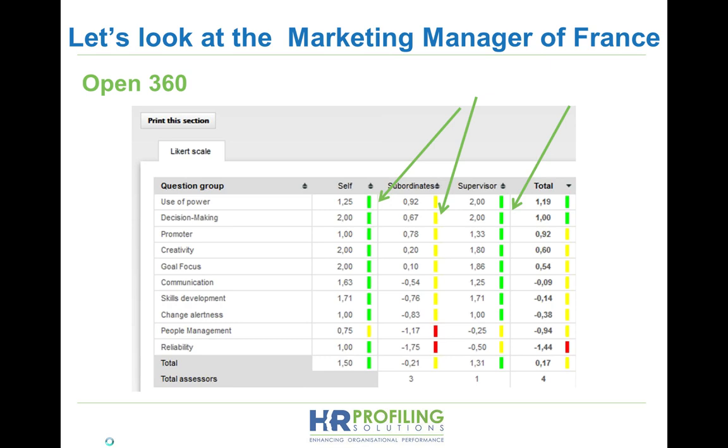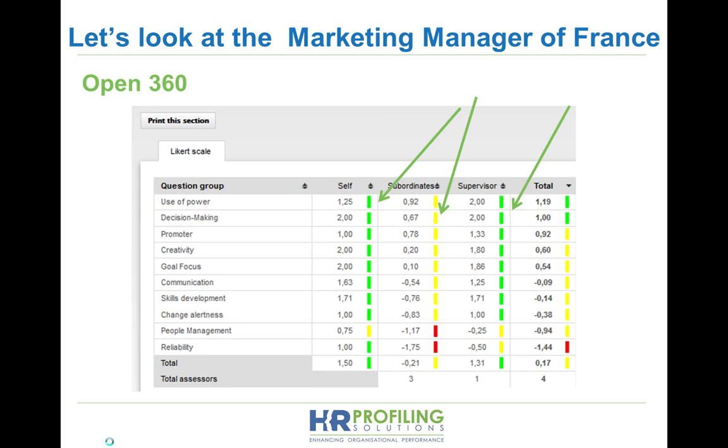I can see quite quickly that for this particular marketing manager of France, people management and reliability have scored particularly low. And in fact, if you have a look at the subordinates, he's been rated yellow or red, there's no green. Interesting to note though that he has rated himself mostly green, one yellow, and in fact their supervisor has also mainly rated green, and a couple have been recognised as well that he's not perhaps so great with people management and reliability.